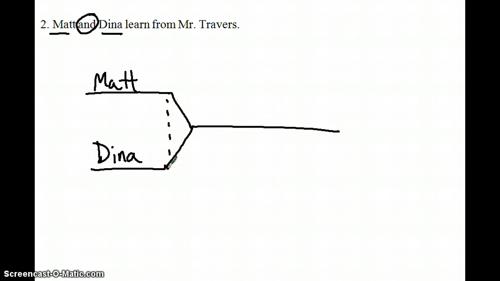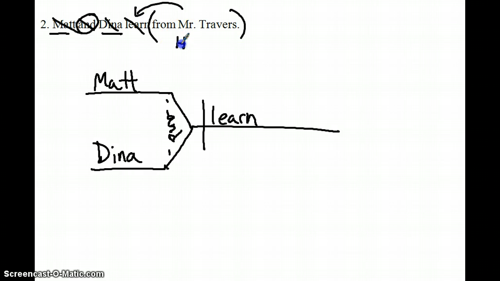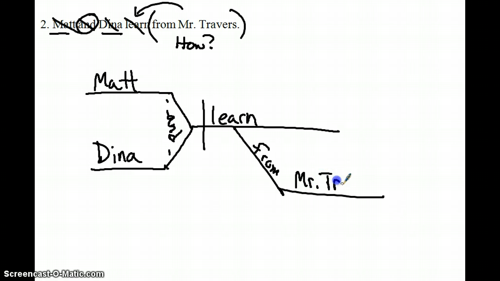What do? They learn. Put my conjunction on the dotted line. And now I have from Mr. Travers. Well, that's a prepositional phrase answering the question how they learn. So it goes under the verb from, proper noun, Mr. Travers.